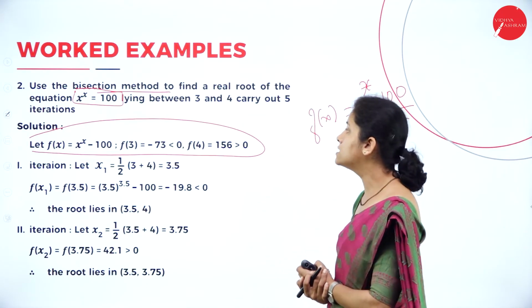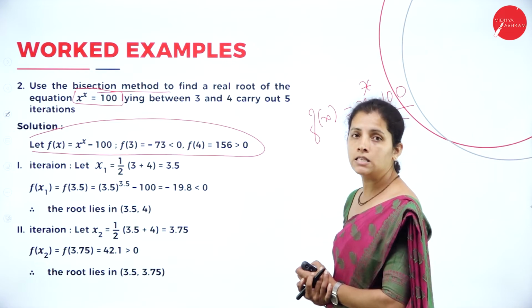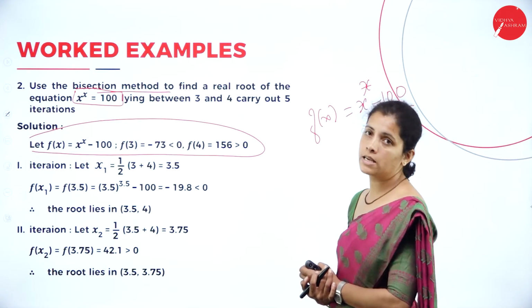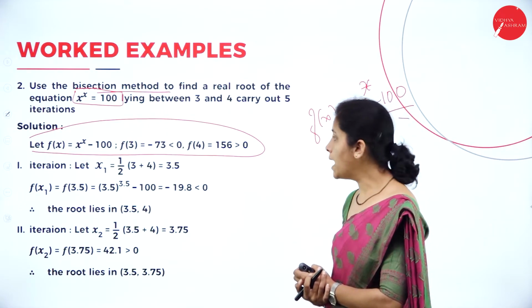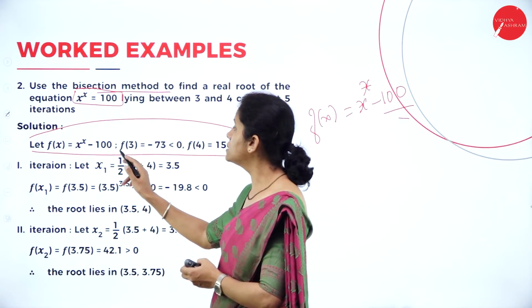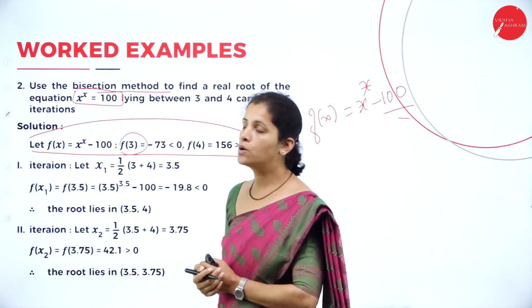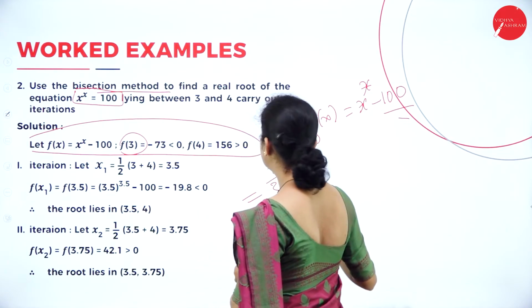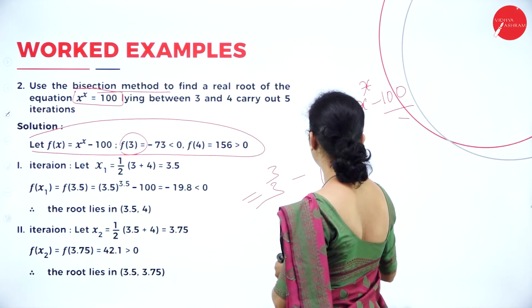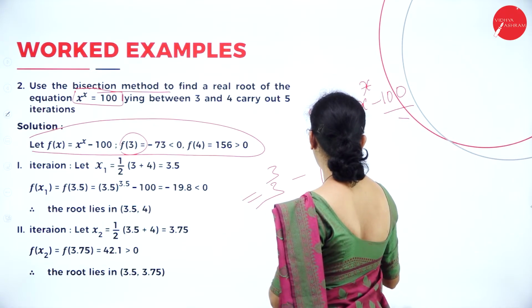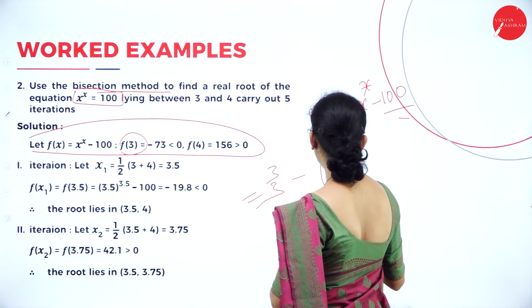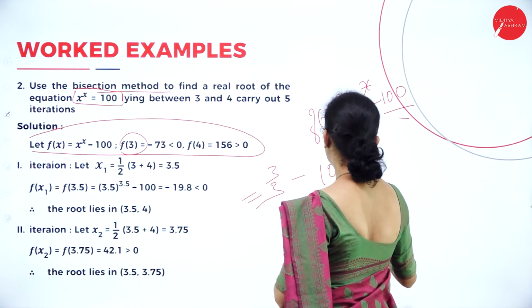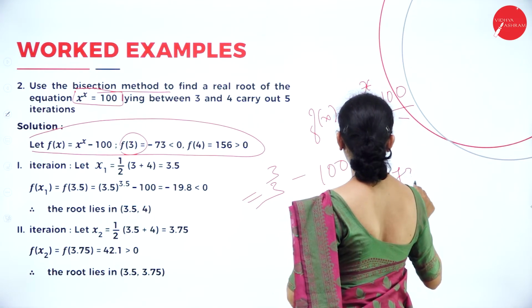And when I start substituting x equal to 2, once again I'll get negative value. And when I start substituting x equal to 3, 3 to the power 3 minus 100, that is 27 minus 100, that is equal to minus 73.